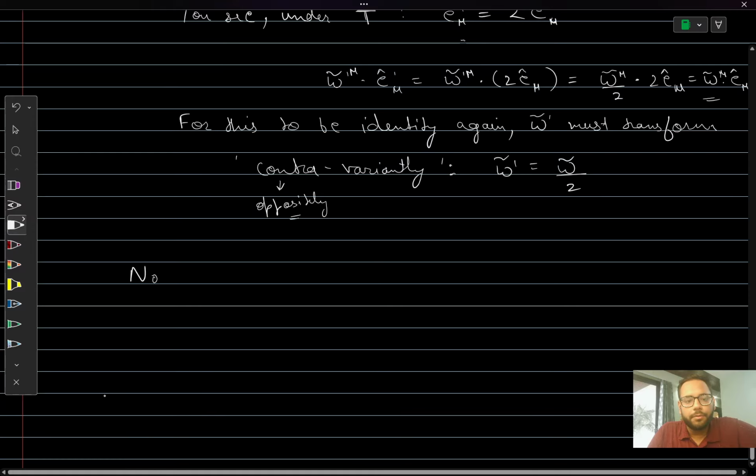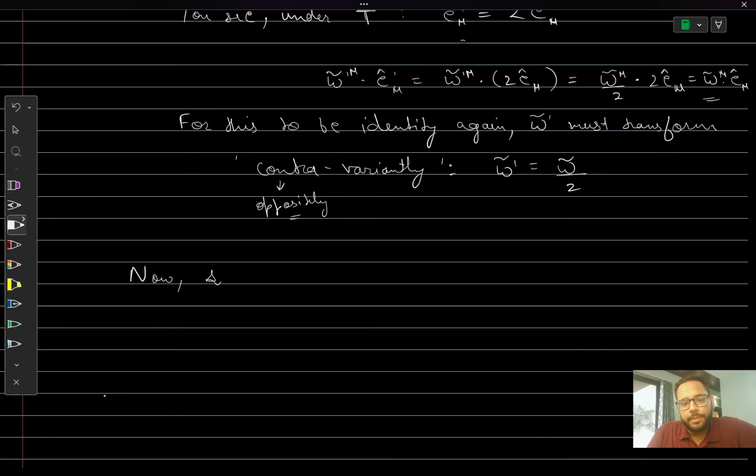Now, similar to vectors, this is an abstract vector belonging to the vector space. This is also a vector, a dual vector belonging to the dual space, right?